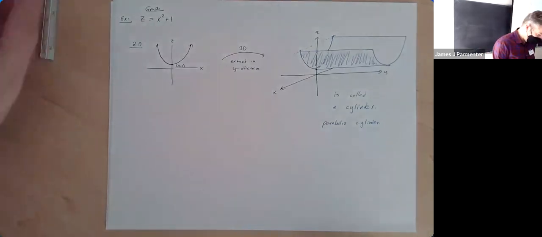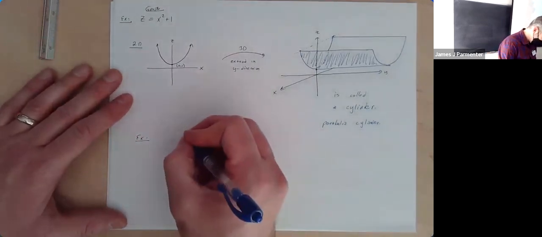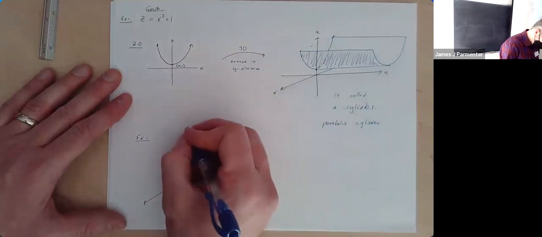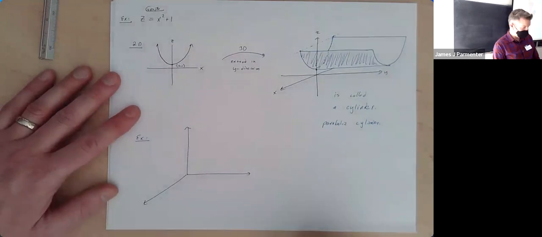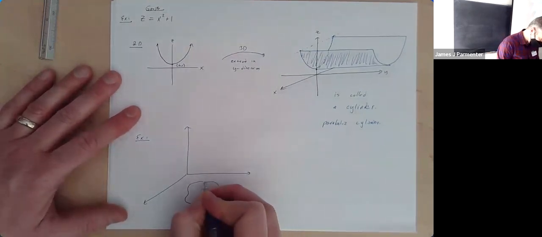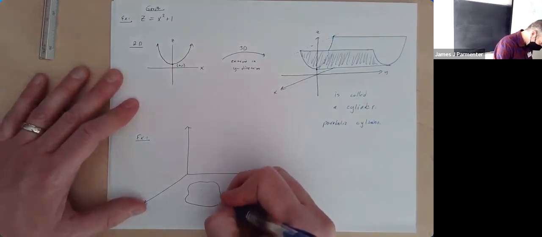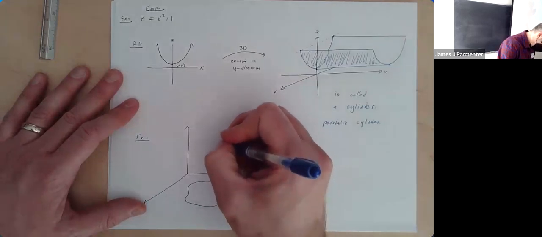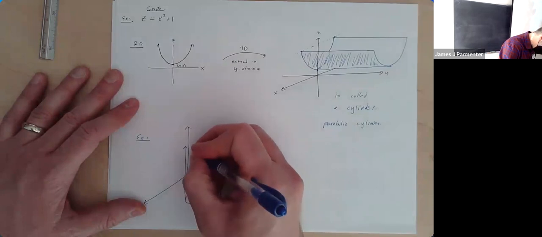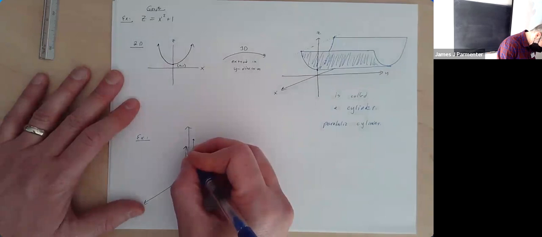Just for example, if you had some strange shape in the XY plane, maybe something that looks like a puddle, and then you extended it in the Z direction. And then try to draw the same shape up here, which never goes well for me.